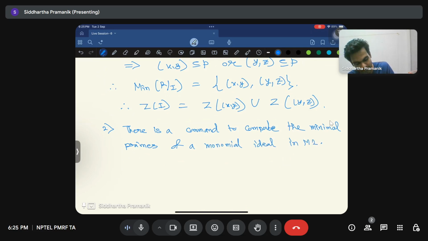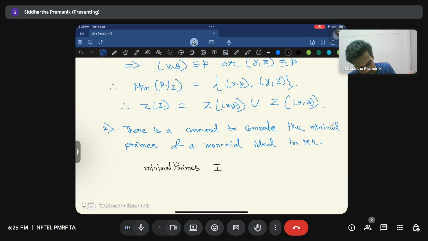So what is the command? The command is just minimalPrimes, then you just write the ideal here.